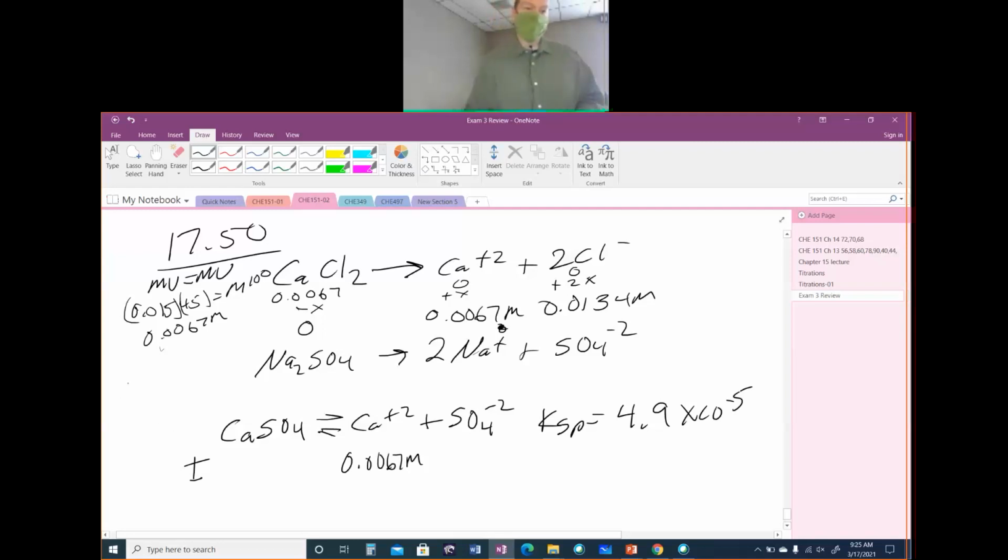We have to do the same thing for the sodium sulfate. MV is equal to MV. All right, so for this one, we have 55 mils of a 0.01 molar. Now I want to know, after we mixed it, what's the molarity? After we mix it, the 45 and the 55, we have a volume of 100.